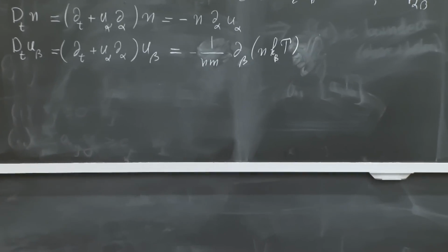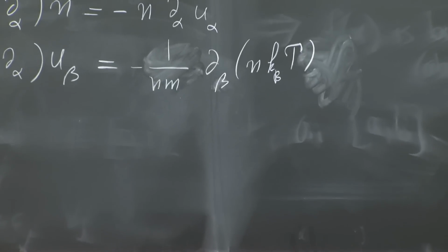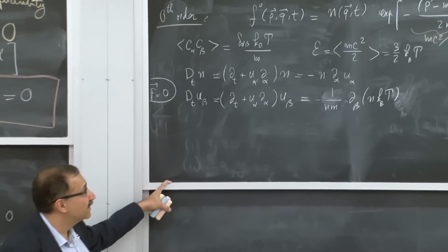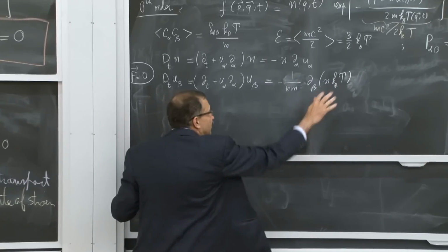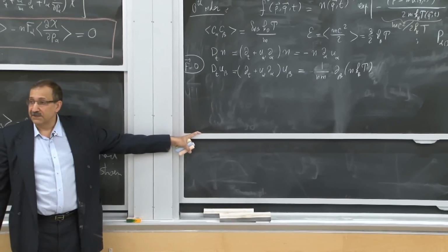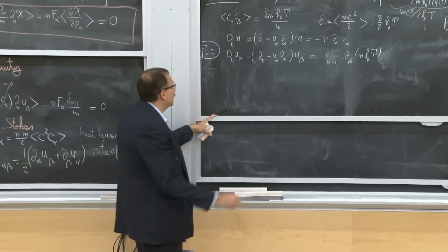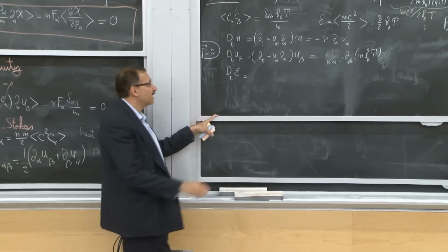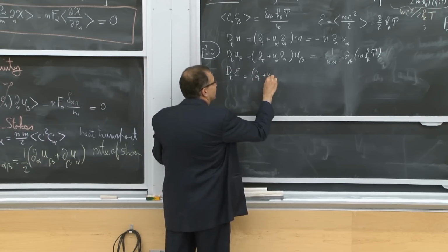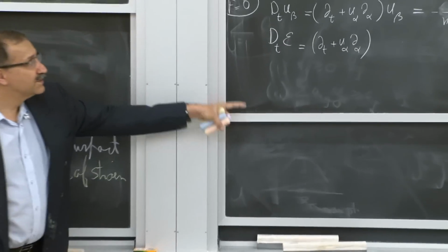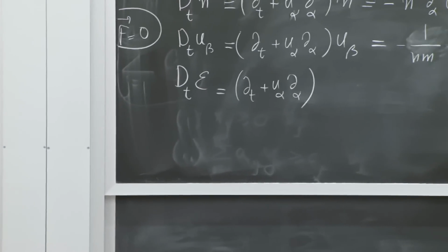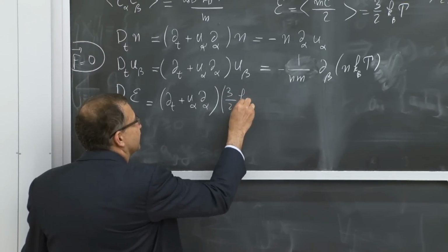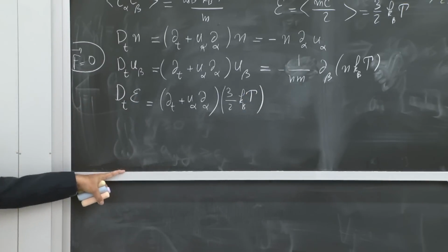Okay? So that's the equation that governs the variations in the local stream velocity that you have in the gas in response to the changes in temperature and density that you have in the gas. Okay? And finally, the equation for the energy density. I have dt plus u alpha d alpha. My energy density is simply related to this quantity T, so I can write it as variations of this temperature in position.